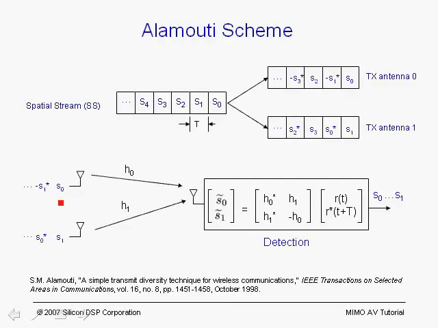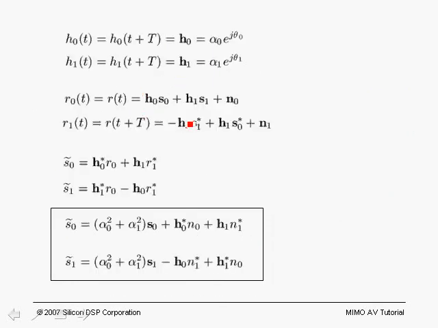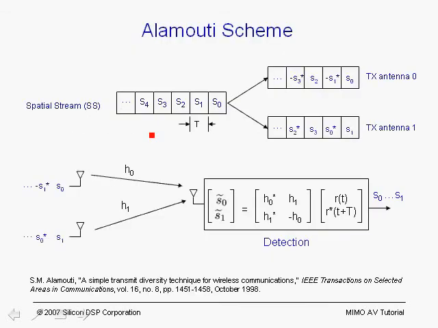Let's take a look at that. So we go back to this situation here. At this time slot, the received signal is equal to S0 times h0 plus S1 times h1. They're added at the receiver plus noise in the receive chain. So that's this expression over here. At the next time slot, we have a delay of T seconds. Then let's go back to this picture.